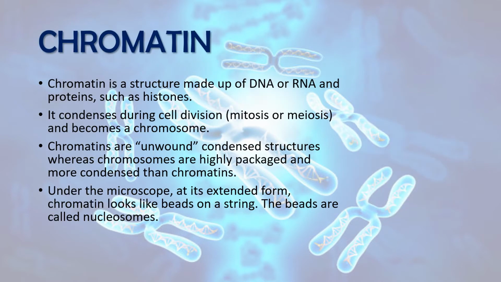So we can say about chromatin that these structures are made up of DNA, RNA and proteins. Those proteins are known as histone proteins. It condenses during cell division, or in the process of mitosis and meiosis, and becomes a chromosome.